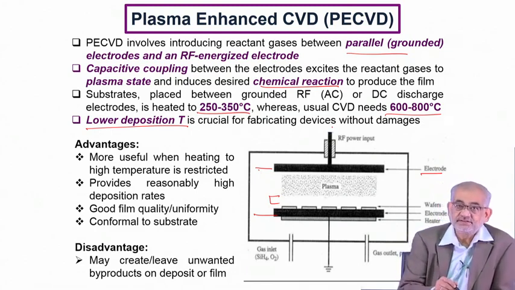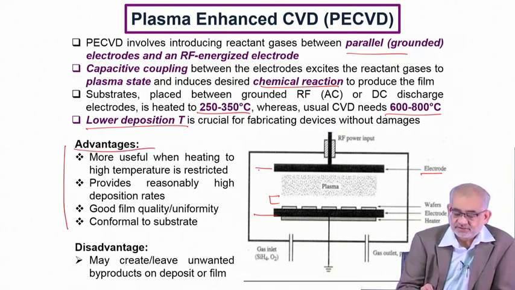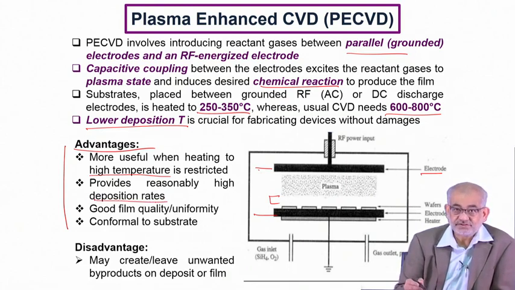There are certainly distinct advantages in plasma enhanced CVD. We can conduct the deposition at a lower temperature. We can adopt a fairly high deposition rate. The film quality is known to be better and more adherent.